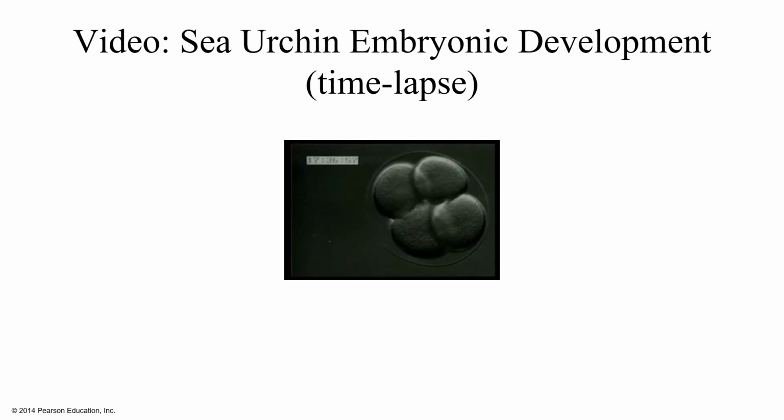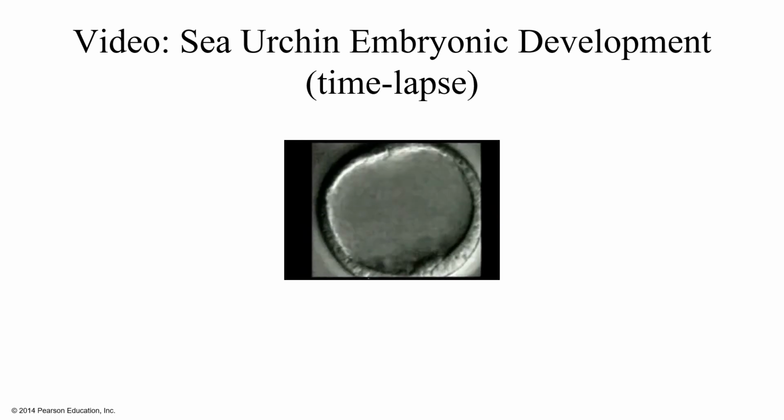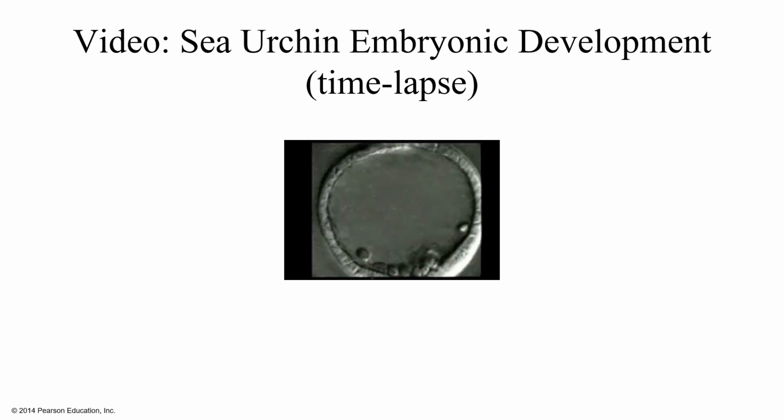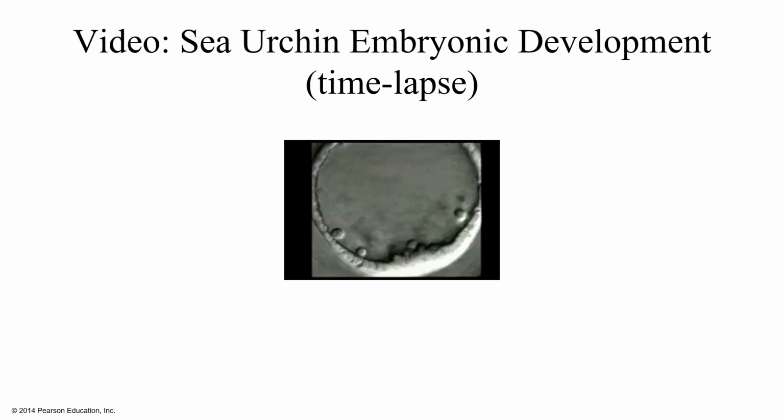Then you go from 2 to 4. If you watch the clock, you can kind of see how fast things are moving. This is called the blastocoel. The blastocoel has about maybe 200 to 500 cells. This is now the beginning of what is called gastrulation, or the beginning of the digestive system.